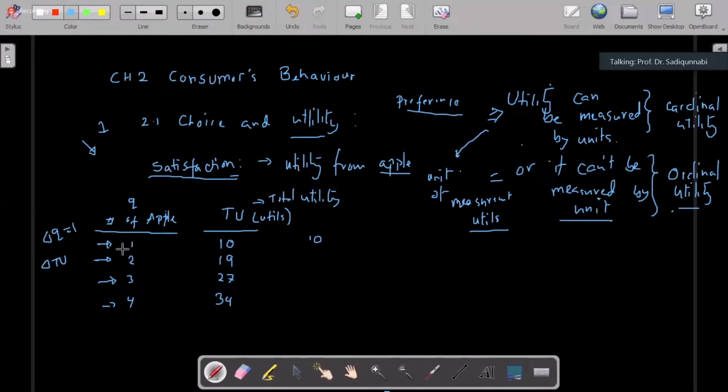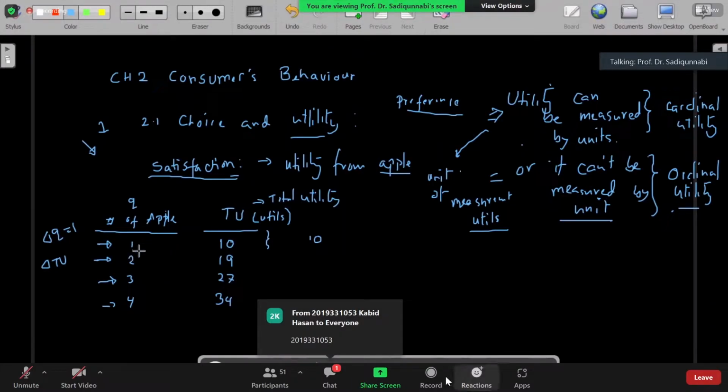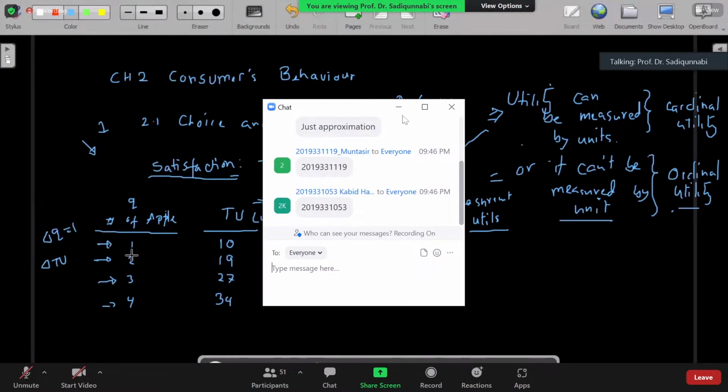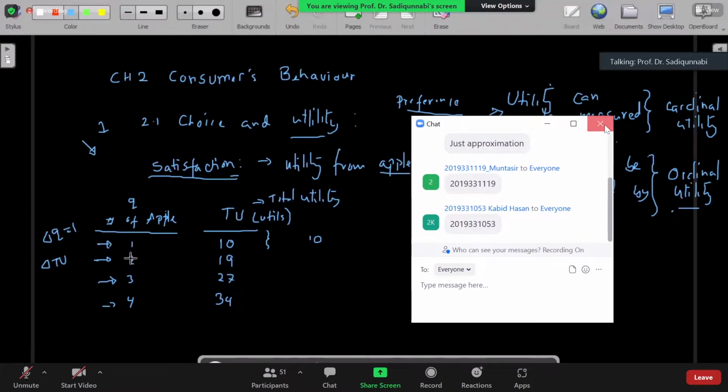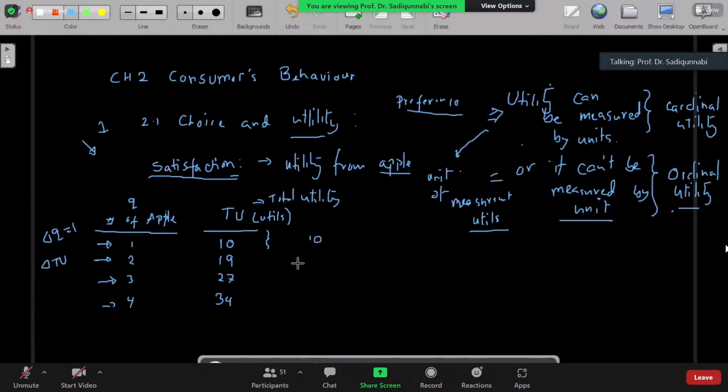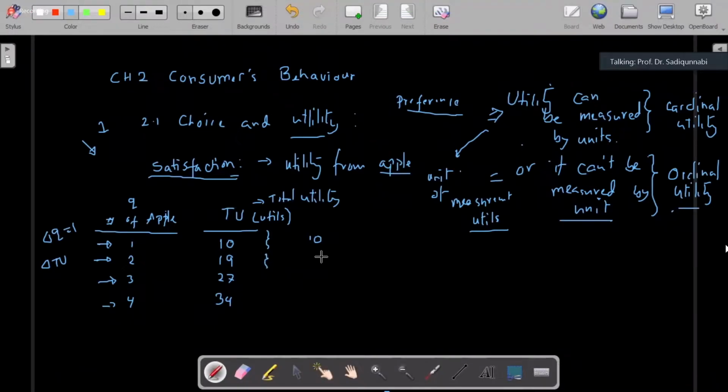Then you consumed the first apple, the change from 0 to 1 is 0 to 10. So the change is 10. When you move forward from 1 apple to 2 apples, the change in utility is 9, right?